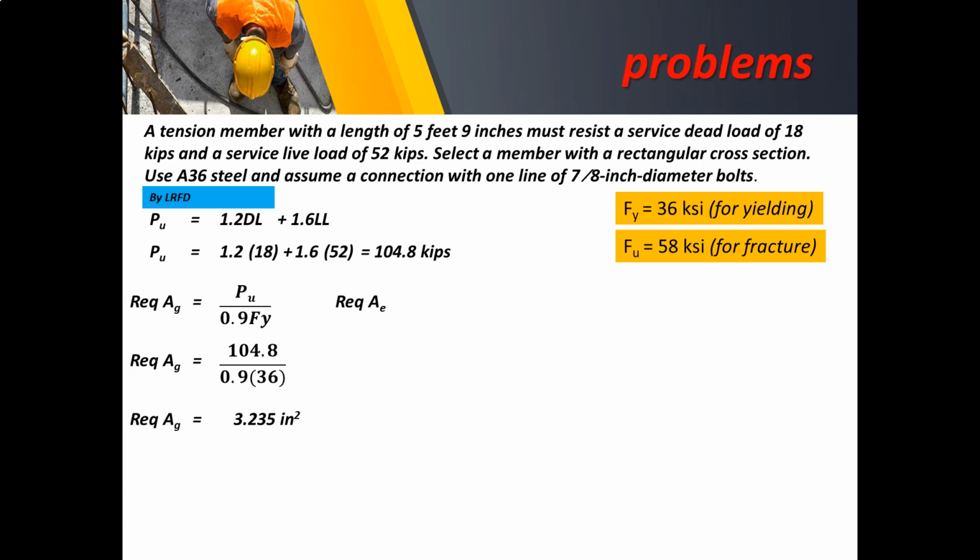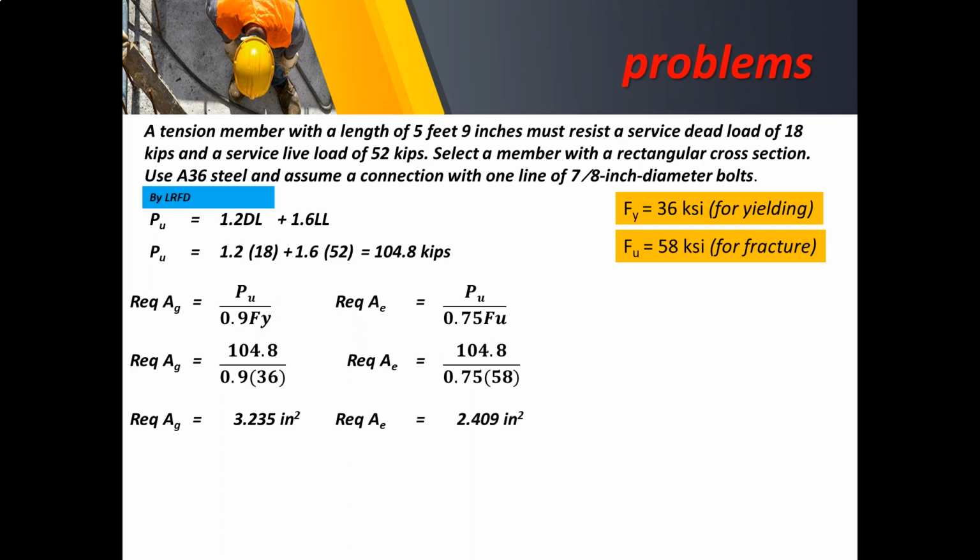So computing now for the effective area, we have this expression PU over 0.75 Fu. Therefore, for the required effective area, we substitute again 104.8 as our factored load and Fu of 58.